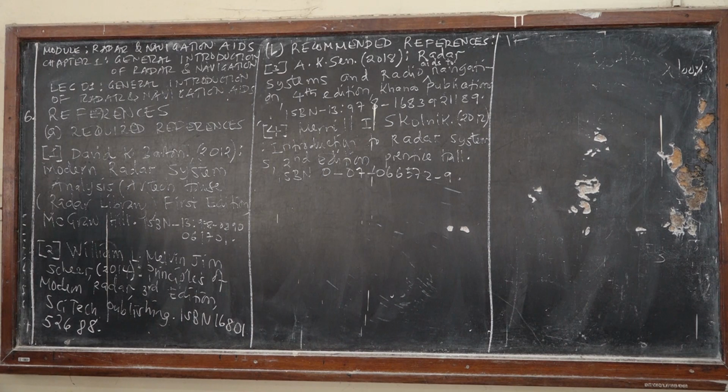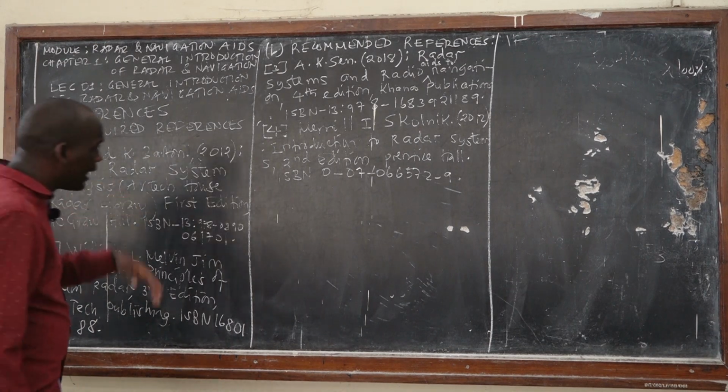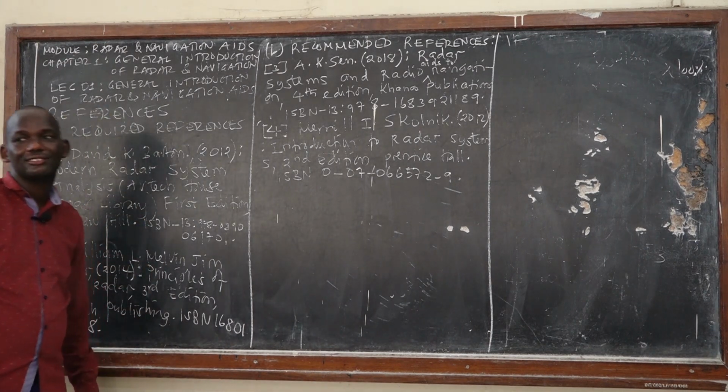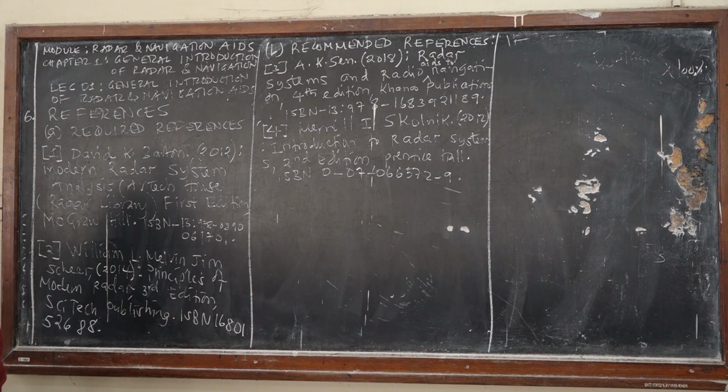Right? So let us reinforce our understanding. Merrill I. Skolnick. 2012. 2012 again, which is a problem for us, the majority of us. We were very young by that time, most of us.